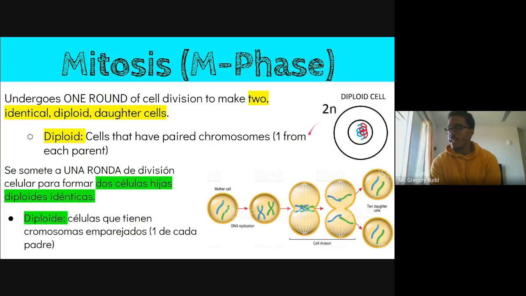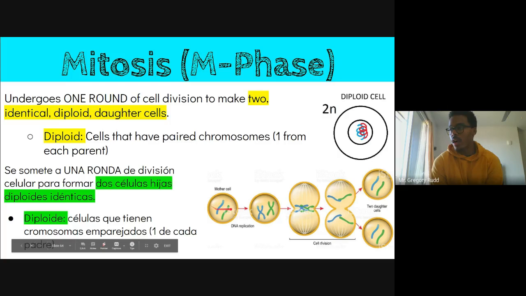Now, if we take a look at this image in the bottom right portion of your screen, we start off with what is referred to here as a mother cell. Often we'll just call it a parent cell. That's what I more typically will refer to it as. We see that the parent cell in this case has two chromatids. DNA replication has to happen first. So we double the amount.